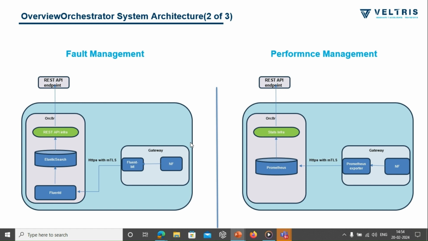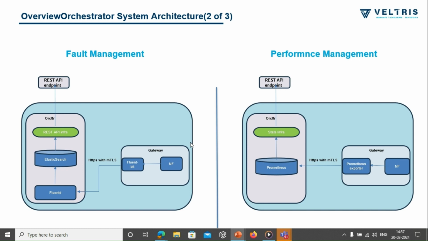In turn, the fluent D component combines all those events and sends them to Elasticsearch, where the data is stored, and the events stored in Elasticsearch are retrieved with the help of REST APIs exposed at the orchestrator. Basically, on the NMS, using these REST APIs, we can fetch all the events from Elasticsearch and show them on the NMS.